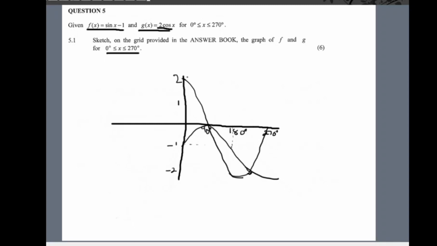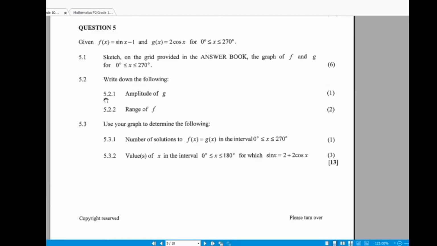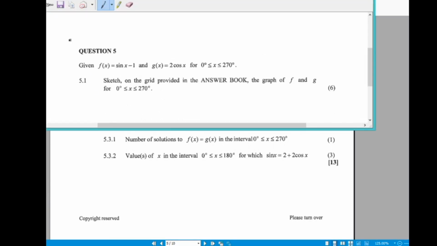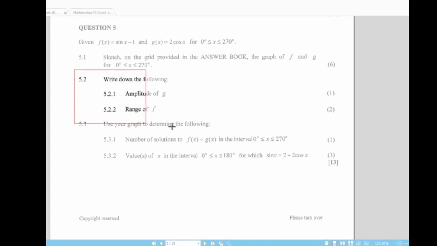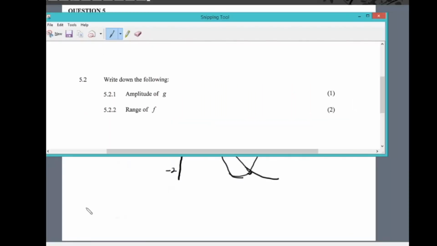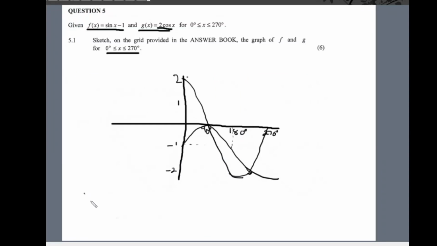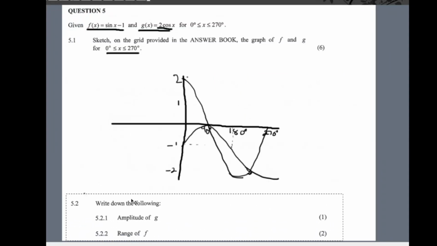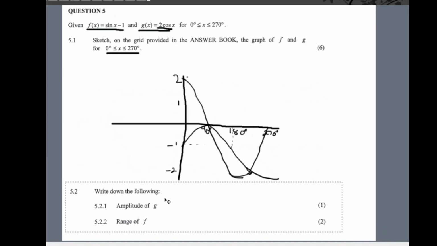Okay, so now answering the other questions, write down the following: the amplitude and the range. So the amplitude of g.